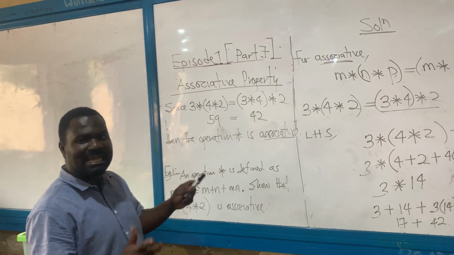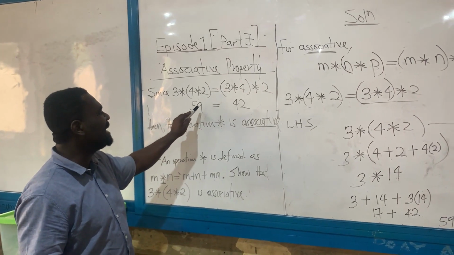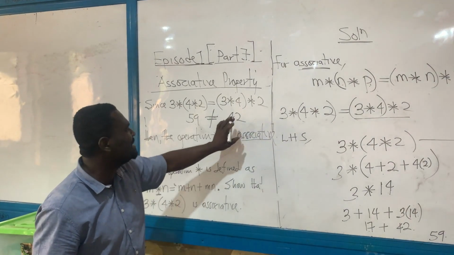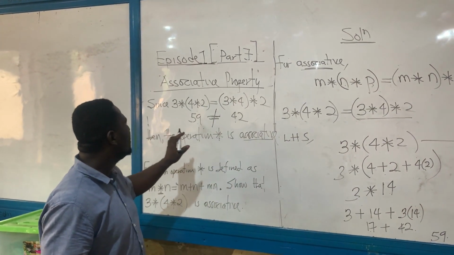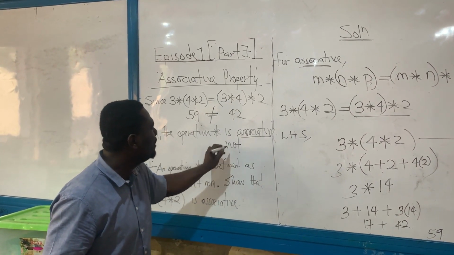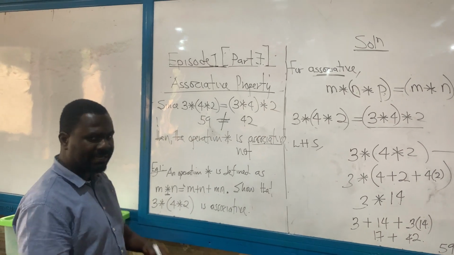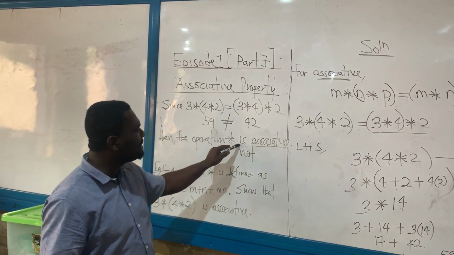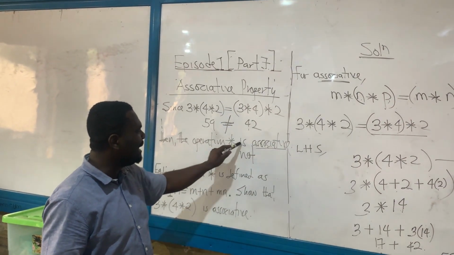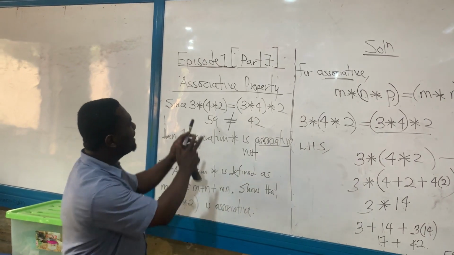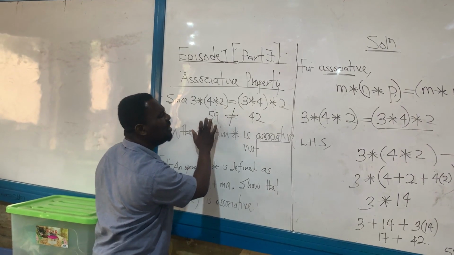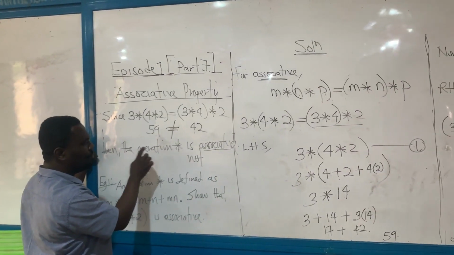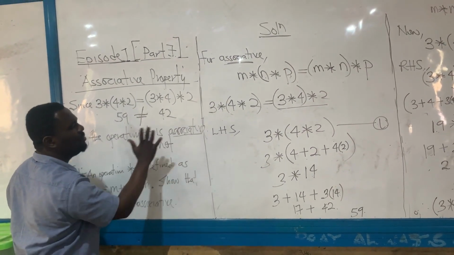No. In this case, since your left hand side answer is not the same as your right hand side, the operation star is not associative, because the left hand side answer is not the same as your right hand side answer. In that case, your conclusion is going to be that the operation is not associative.